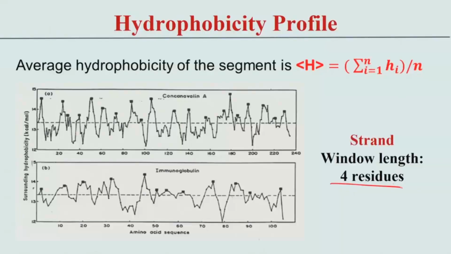Here we use a window length of 4 residues because short beta strands frequently occur in protein structures. Again we make the plot and see there are several peaks. Each peak represents a beta strand. For example, if the peak is at 4, then residues 4 to 7, because it is a 4 residue segment, correspond to a beta strand.